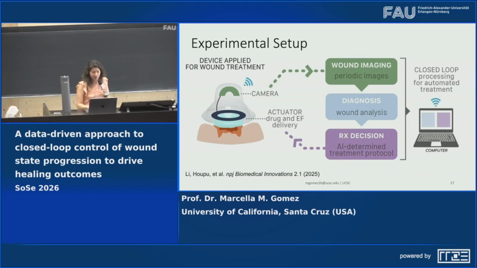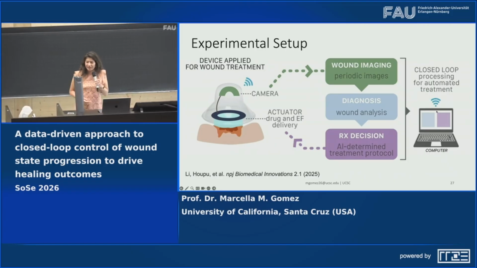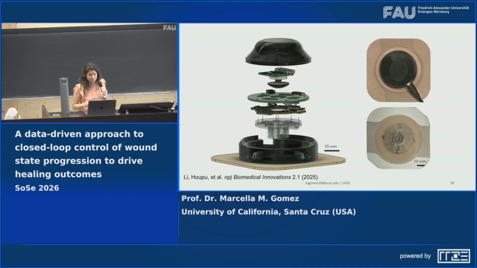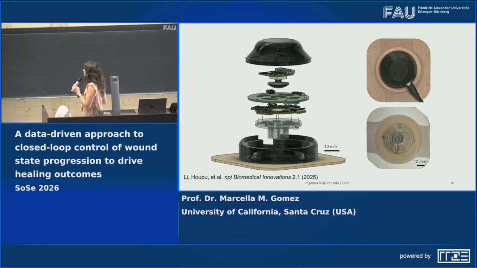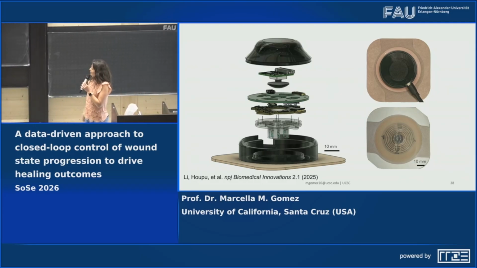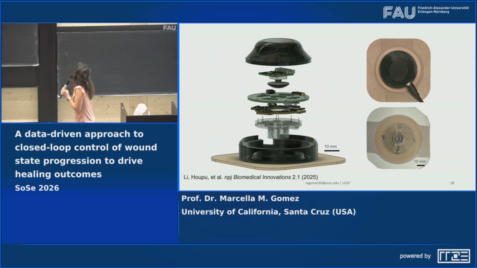The computer ran our model and our algorithm, and that in turn sent information back to the device saying, apply electric field at a certain strength or level, or deliver a certain amount of fluoxetine, right? And this is a schematic of the actual system. You can see the 10 millimeter scale bar there. It's not super tiny, but it's not super big either.